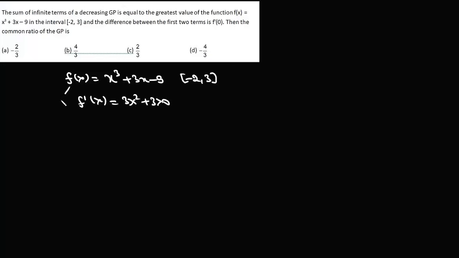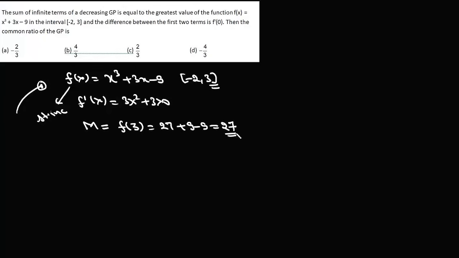That means this fx is strictly increasing, and if a function is strictly increasing, then it will achieve its maximum value at the end of the interval. So the maximum value of this function will be simply f3. Now this is 27 plus 9 minus 9. So the maximum value of this function in this interval is 27.